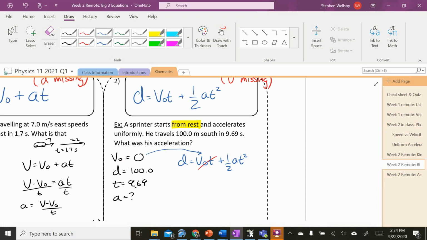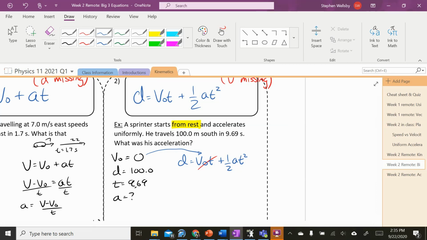Another thing that I want to point out is that I'm absolutely fine either way if you put in the numbers and then rearrange the equation, or if you rearrange the equation in terms of the variables and then put in the numbers. There are definitely times when both options are easier.